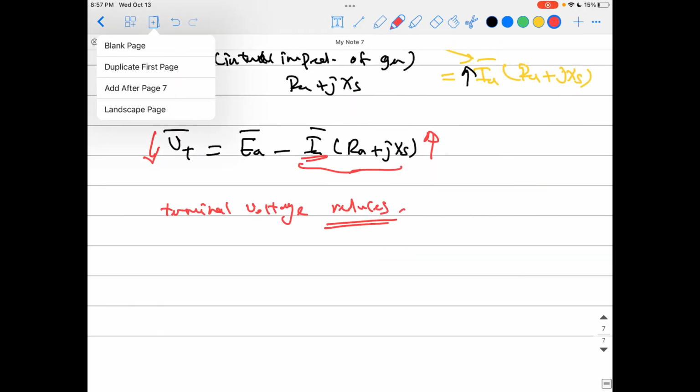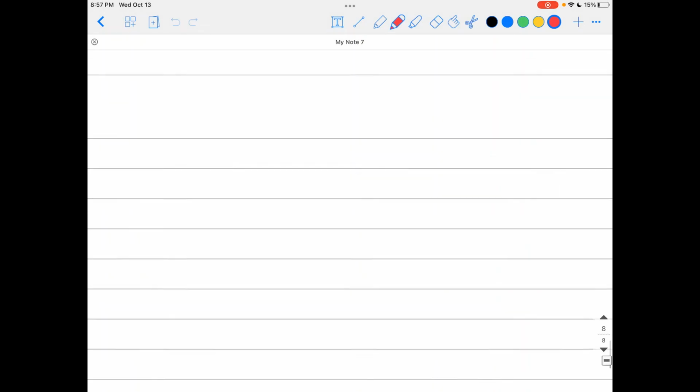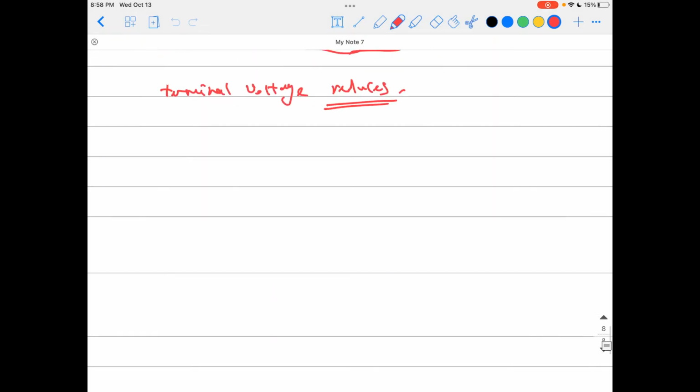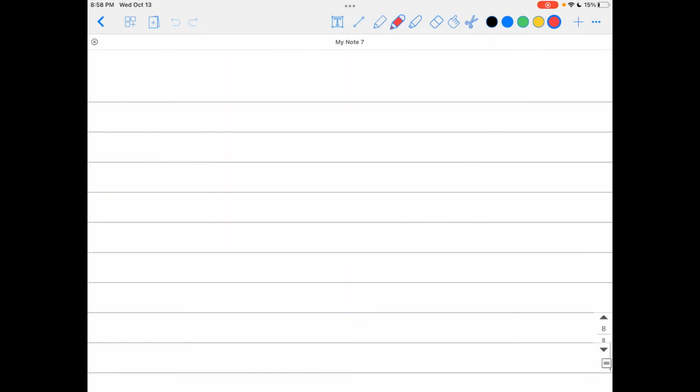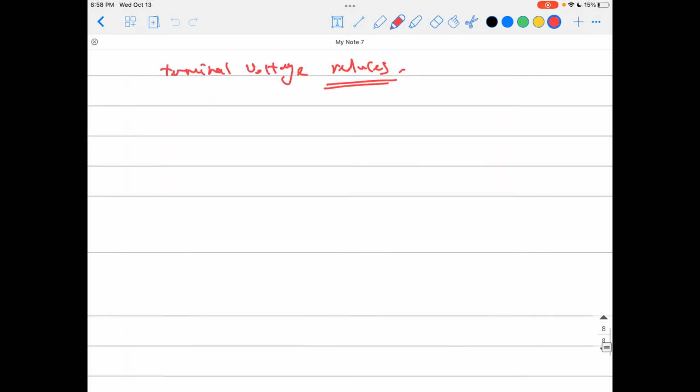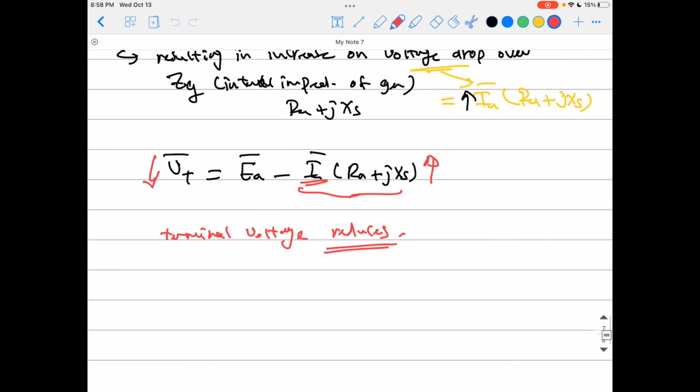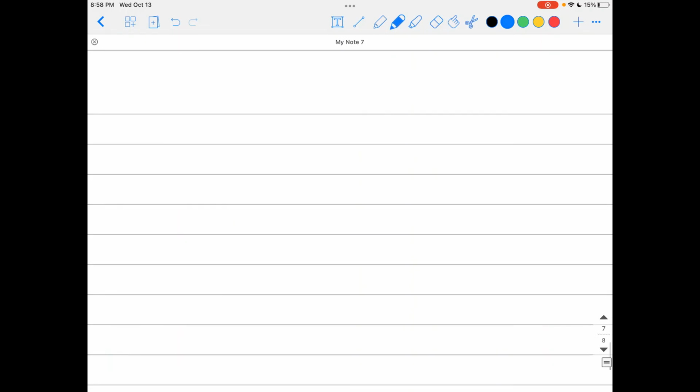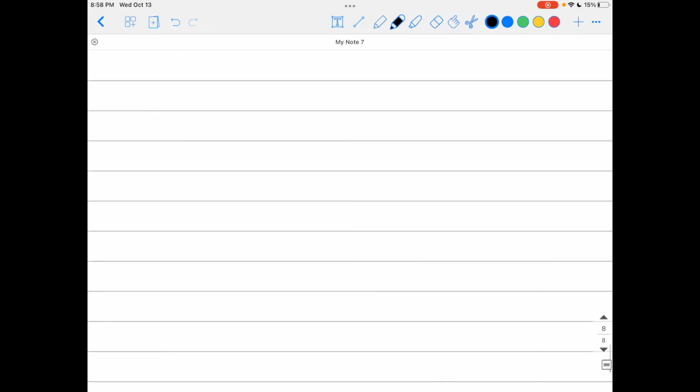But you know what's happening now? If the load increases, the voltage drop over the internal impedance of the generator increases, and that reduces the terminal voltage if you keep EA, the induced voltage inside the machine, constant. So you know what's happening now.